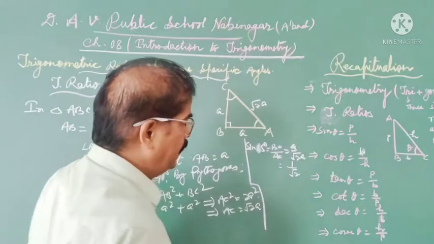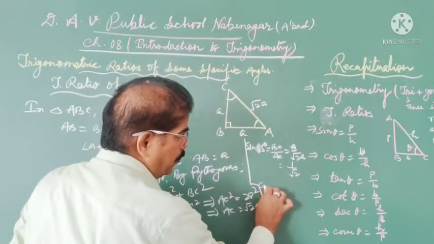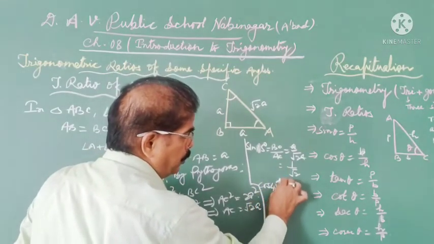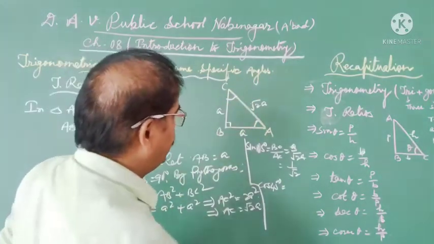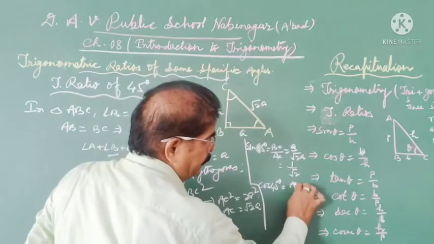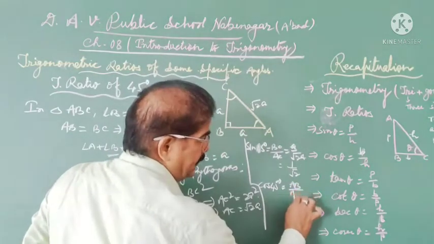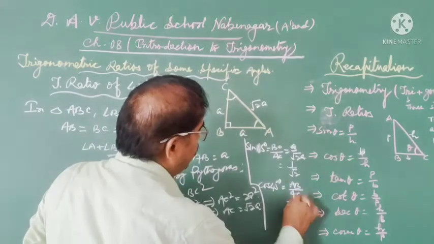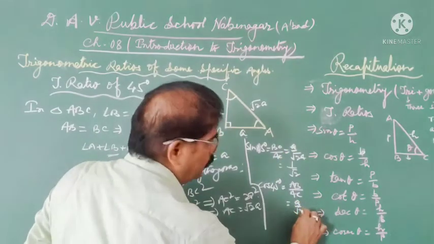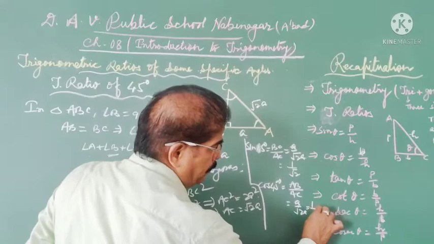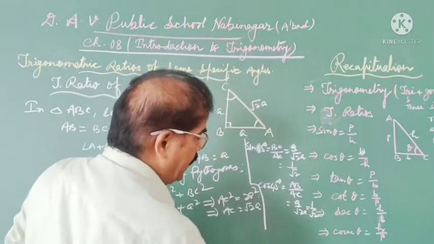A cancel. And cos 45 is equal to B by H, so AB by AC equal to a by root 2 a, that is 1 by root 2.